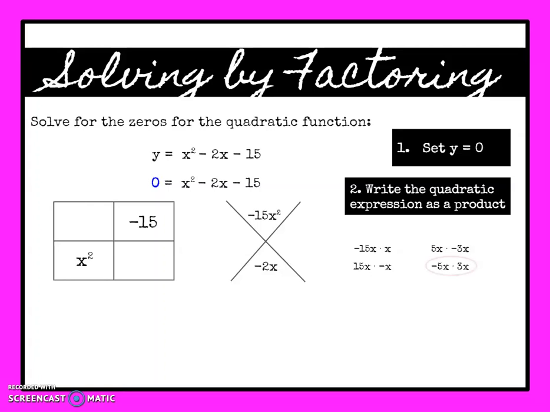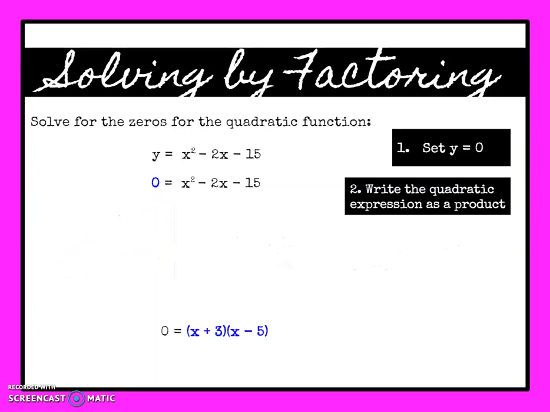Between all of my pairs here, negative 5x plus 3x is going to add to give me negative 2x, but multiply to give me negative 15x squared. Those are the two factors that complete my generic rectangle, and I then factor each partial area. Rewriting x squared minus 2x minus 15 as 0 is equal to x plus 3 times x minus 5.